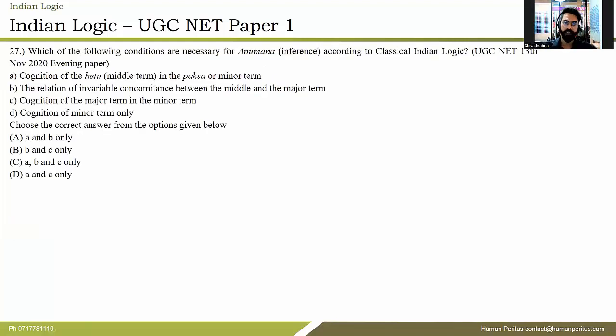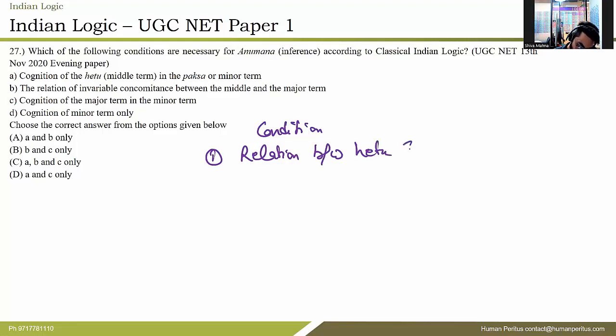The next one is, what are the conditions which are necessary for Anumana according to classical Indian logic? Right. Now, Anumana is the secondary proof, the secondary knowledge which you are getting. So, the conditions which need to be satisfied in Anumana are, first, there should be a relation between Hetu and Paksha.